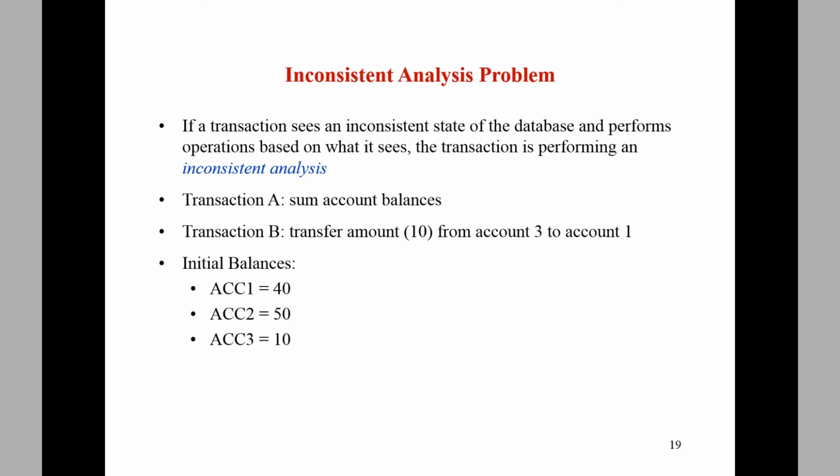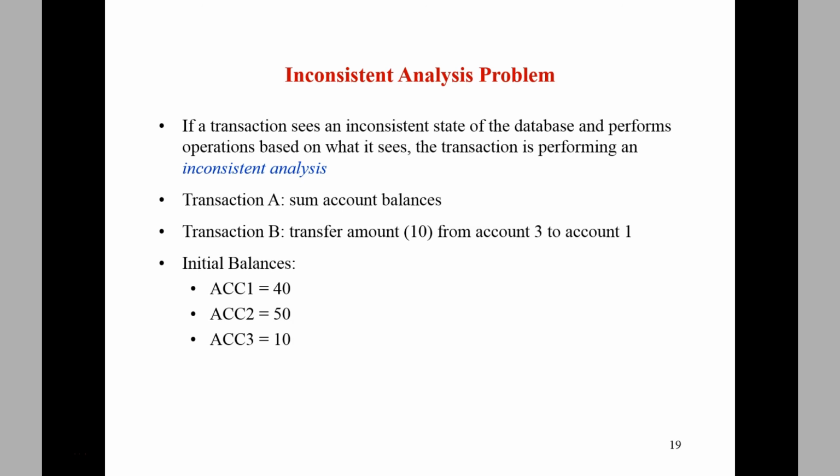Assume that transaction A has the goal of summing the account balances, and transaction B has a goal of transferring an amount, say 10, from account 3 to account 1. The initial balances, when this whole scenario starts, is account 1 has a balance of 40, account 2 a balance of 50, and account 3 a balance of 30.